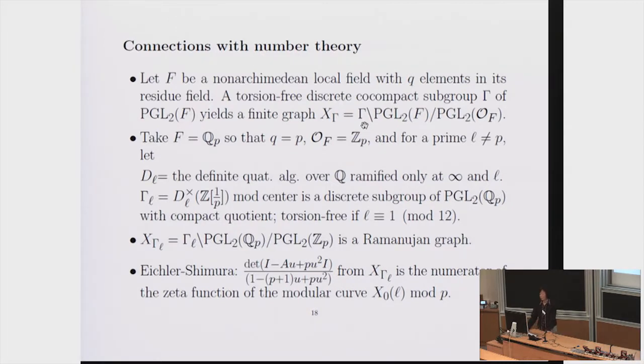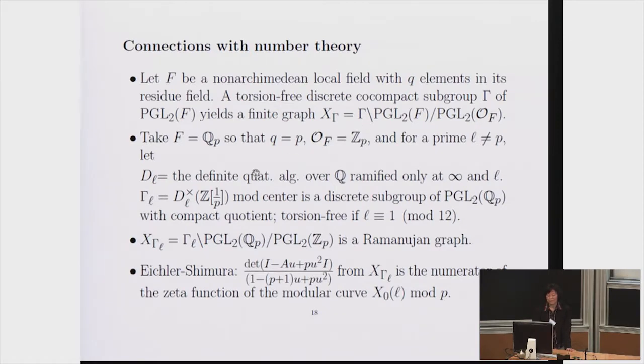We can choose Gamma as coming from the definite quaternion algebra defined over Q, which ramifies only at two places, infinity and another prime l not equal to p. And this Gamma we choose to be the almost integral points, except that we allow p in the denominator. We look at the non-zero elements and we mod out the center.